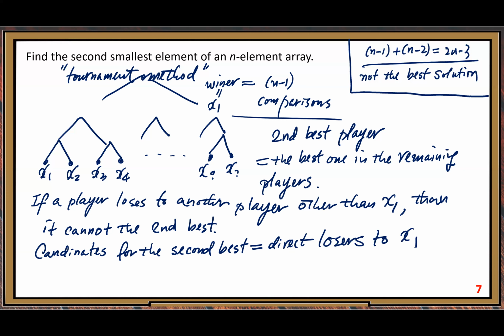How about that? Only direct losers to X1 can be considered second best. Indirect losers cannot. So those players who are eliminated by the final winner directly, those players can be considered the second best. How about that?